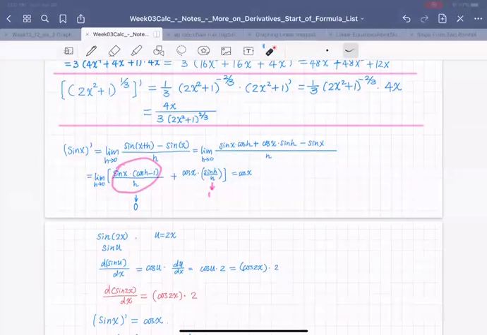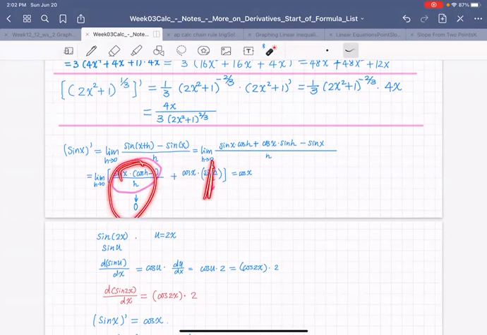When you approach from the left or from the right, this function goes to 0. So this is 0 and this is 1. So that equals cosine x. So the derivative of sine x is cosine x.